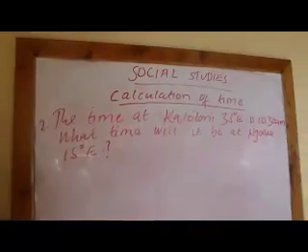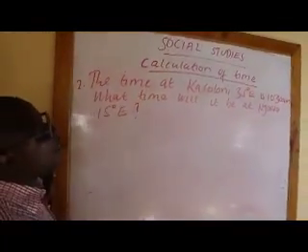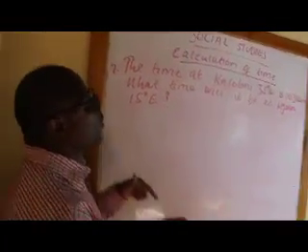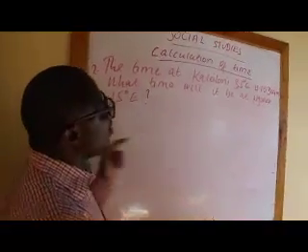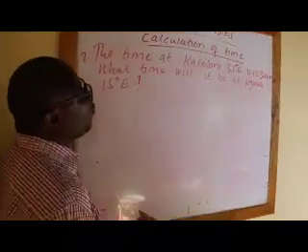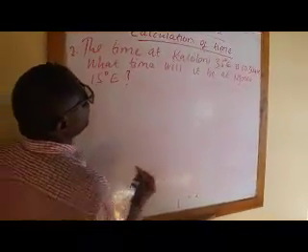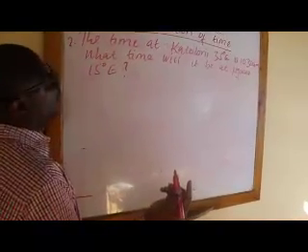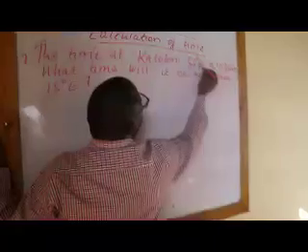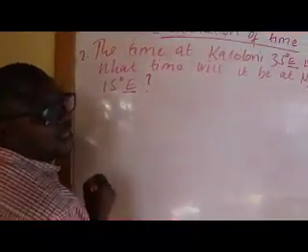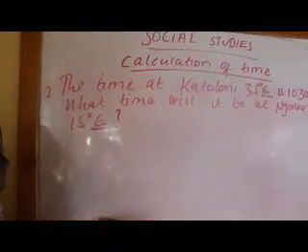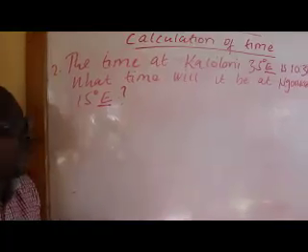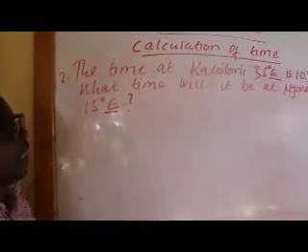Now we go back to our second rule: when you are given two places found on the same longitude, that is east and east, or maybe west and west, what do we do? We minus to get the difference.